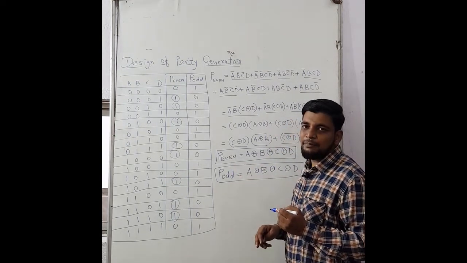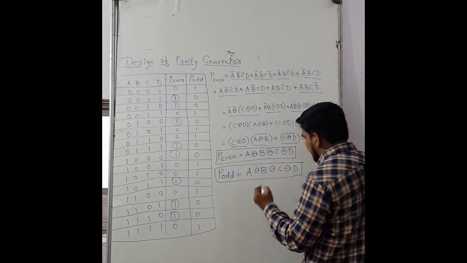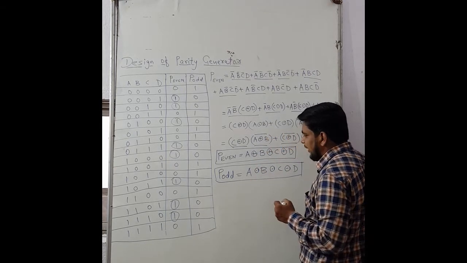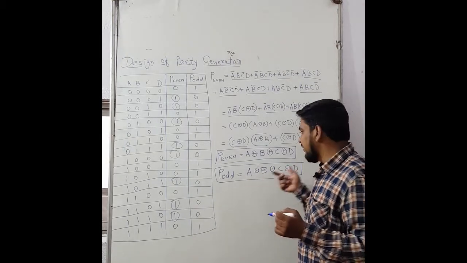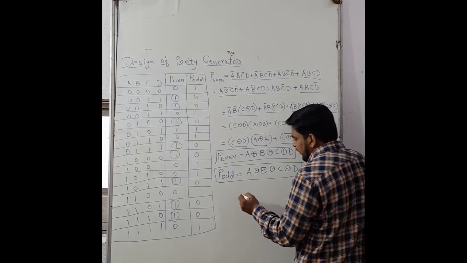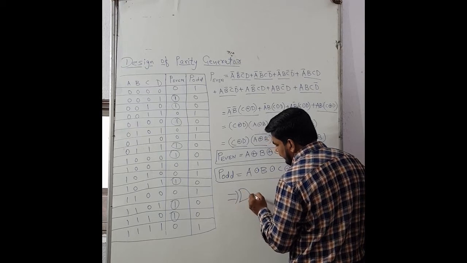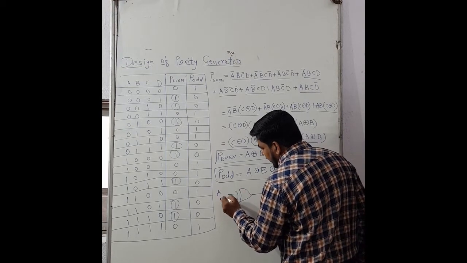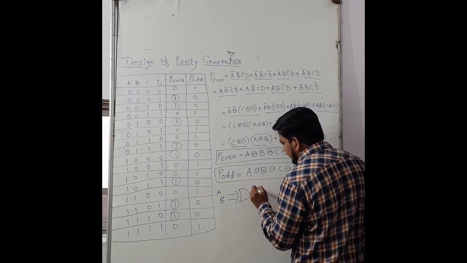Now the final step is the realization of a XOR b XOR c XOR d. If we have a 4 input XOR gate available, we can directly give the inputs to the 4 input XOR. For practical purposes, you will have 2 input XOR gates available, so you can use 2 inputs also. Suppose a and b are the inputs of an XOR gate, so you are getting a XOR b here.